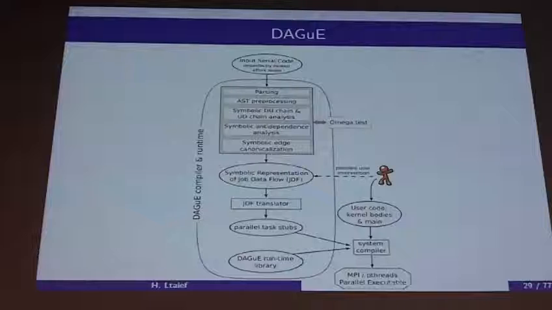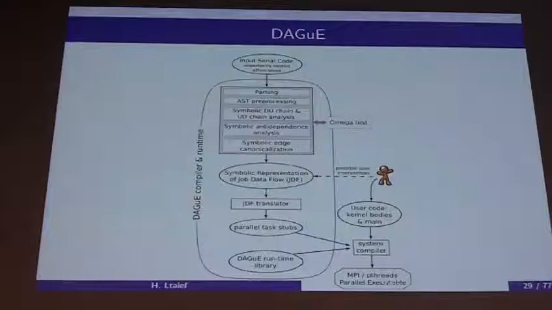So you end up having a file called job data flow, GDF. And the user at this point can come in and check whether the compiler has done a good job or not. And if not, he can go back to his input serial code and make some changes to help the compiler understand what's going on.